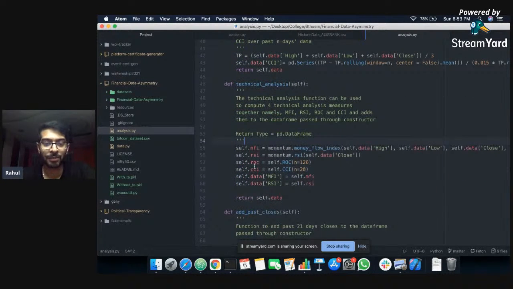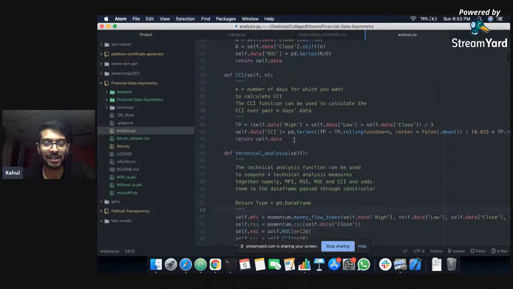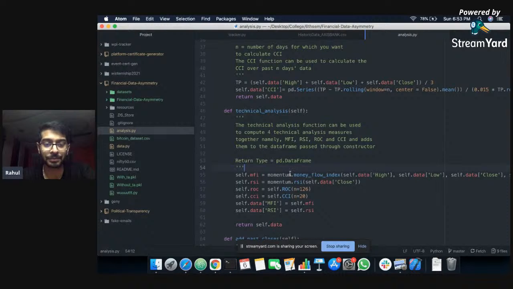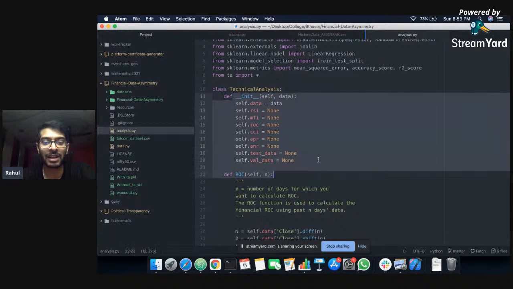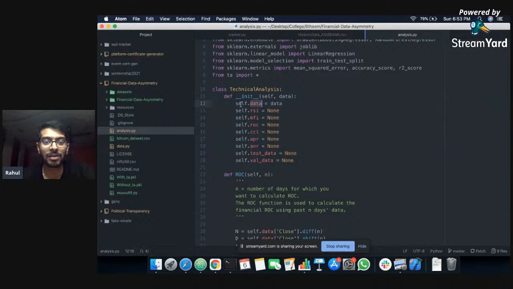So if you notice, we're defining a class called technical analysis, and we have a constructor which takes the data frame as an argument and assigns that to self.data.